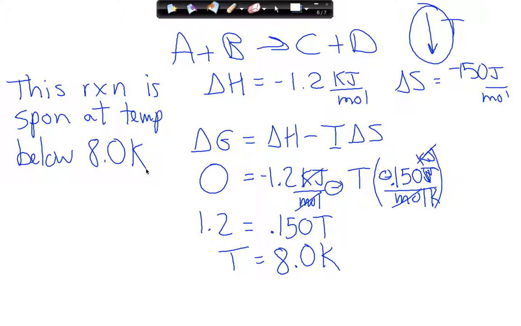There's a difference between saying this reaction is spontaneous at temperatures below 8 Kelvin and saying this reaction is spontaneous at temperatures 8 Kelvin and below. Because 8 Kelvin and below includes 8 Kelvin, and it's not part of the set because 8 Kelvin is at equilibrium. Ashley, go ahead. You do not include the 8. So Catherine, go ahead.